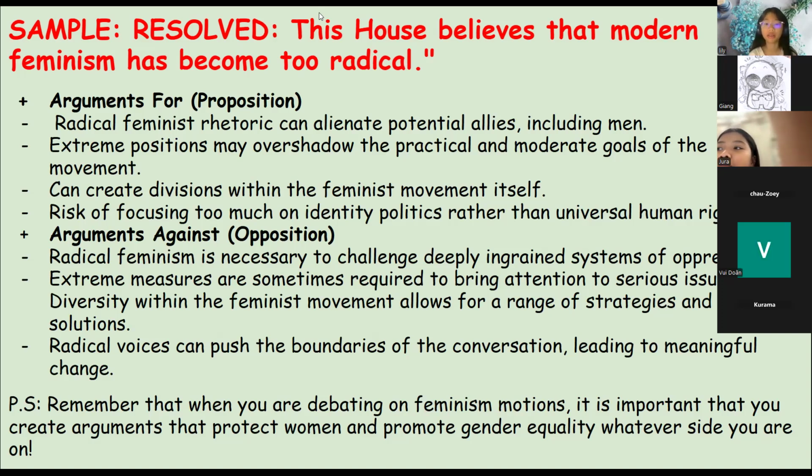Extreme positions may overshadow the practical and moderate goals of the movement, and can create divisions within the feminist movement itself. Risk of focusing too much on identity politics rather than universal human rights.